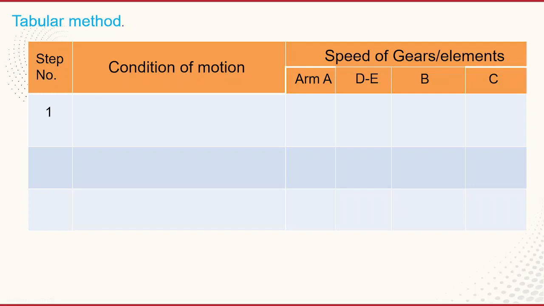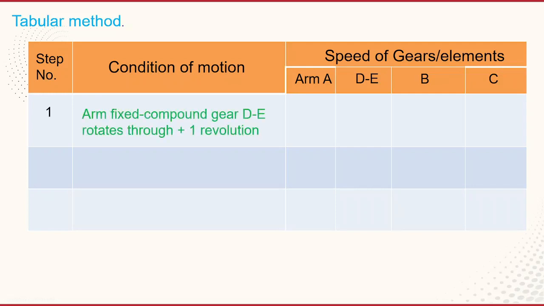Now you can see the first step: arm fixed and compound gear DE rotates through plus 1 revolution. Here I consider the compound gear for the given 1 revolution. According to this statement, find out the speeds of the other elements. So arm is 0 and compound gear DE speed is plus 1. B is meshing with E, so both are rotating in opposite directions, so minus TE by TB.